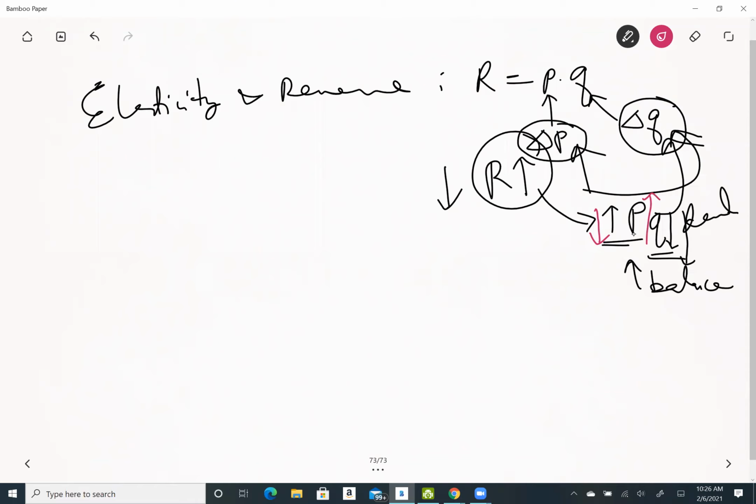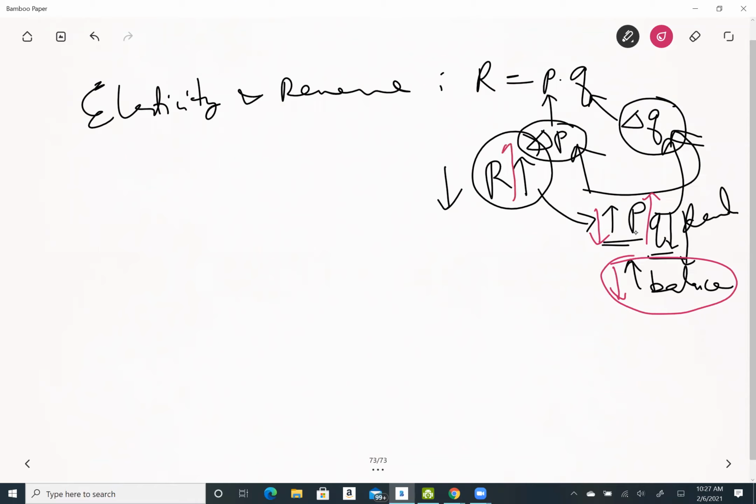So again here I need to balance up. If I reduce my price, which is the downward pull on the revenue, but quantity will go up. So I need to balance up also.